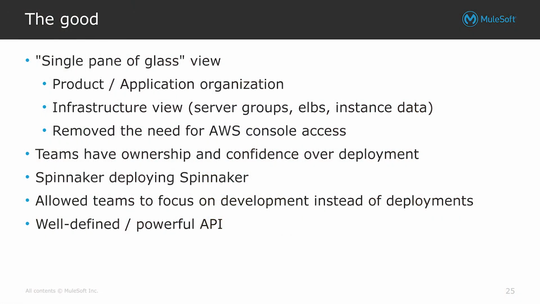As I said earlier, Spinnaker deploying Spinnaker. Another thing is teams are now able to focus more on development and not on dealing with Saturday deploys. And also the well-defined, powerful API that we've been learning to interact with. Matt had written his own Concourse resource. I don't know if you want to talk about that a little bit.